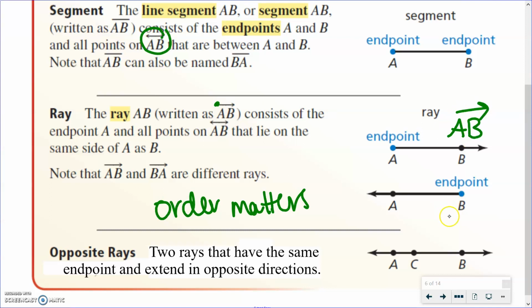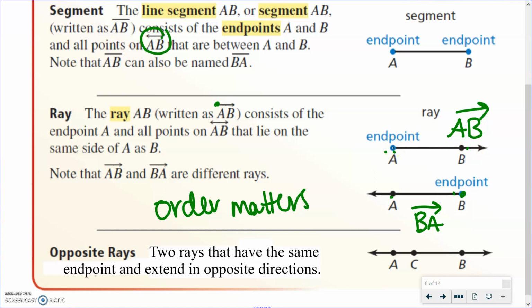And then this one here is ray BA because the endpoint is at B. So you need to see that. The part with no arrowhead is at B, okay? So they're different rays. Even though they both have A and B on them, they're different because B is the endpoint of ray BA, and ray AB has endpoint A.